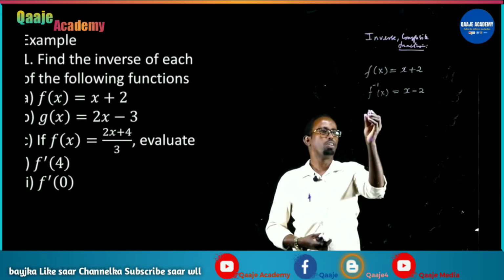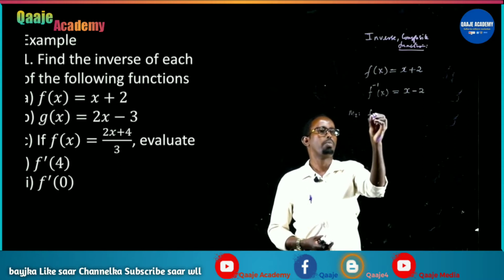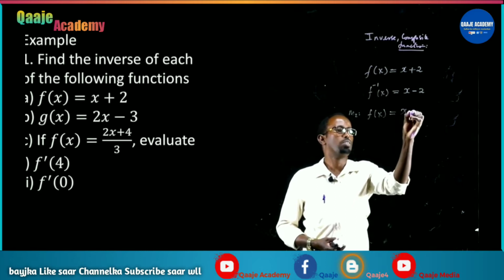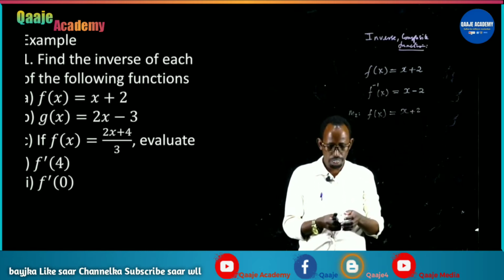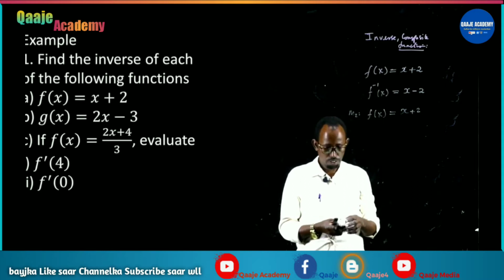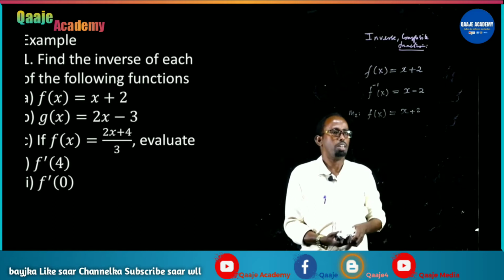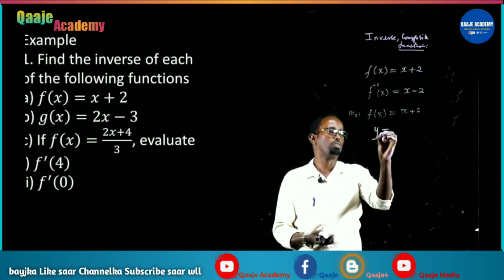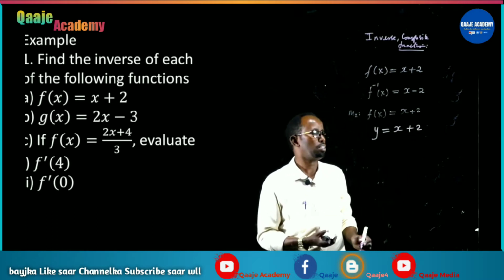Now, to follow the rules, that is method 2, f of x is equal to x plus 2. Step 1, instead of f of x, we'll be using y. So y is equal to x plus 2, and then I make x the subject.